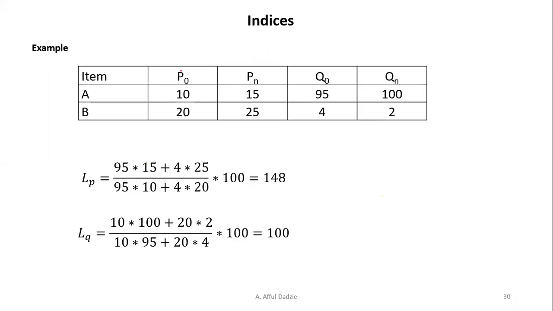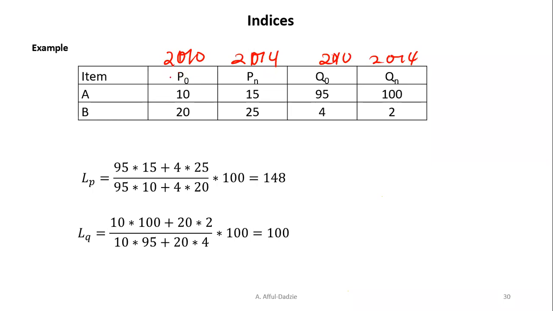So we have this information here. This is the price at a certain period. We can use the years, let's say 2010 and 2014. Let's assume 2010 is the base period.